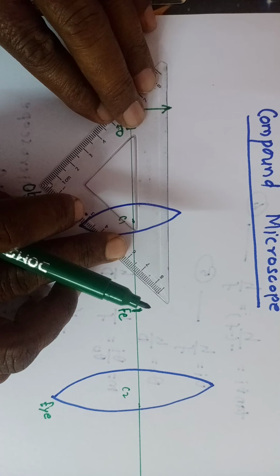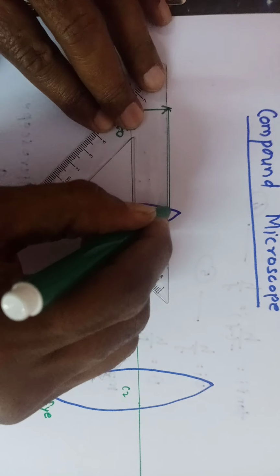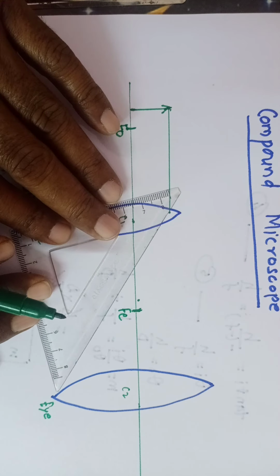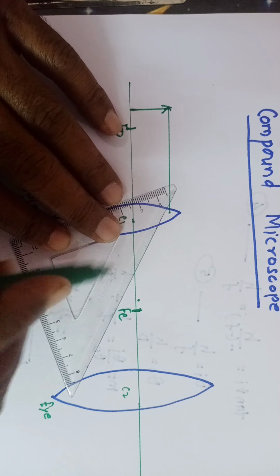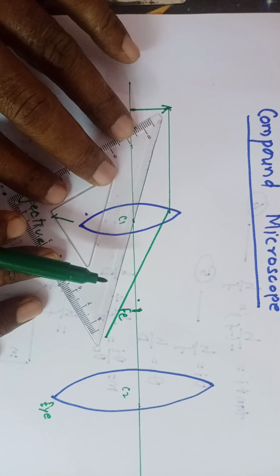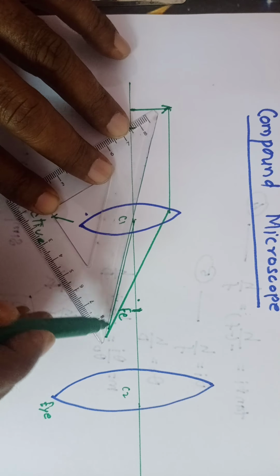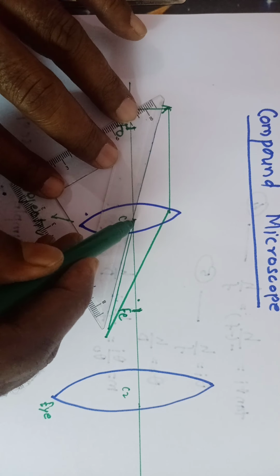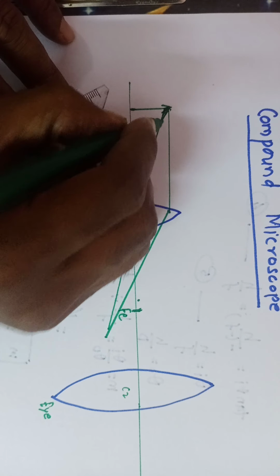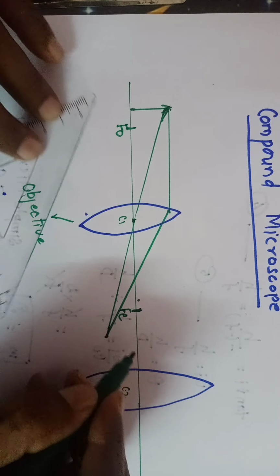So the first ray will go parallel to the principal axis and it will pass through the focus and form the image somewhere here. One more ray will pass through the optical center, and we have to adjust such that this image is formed between C2 and F.